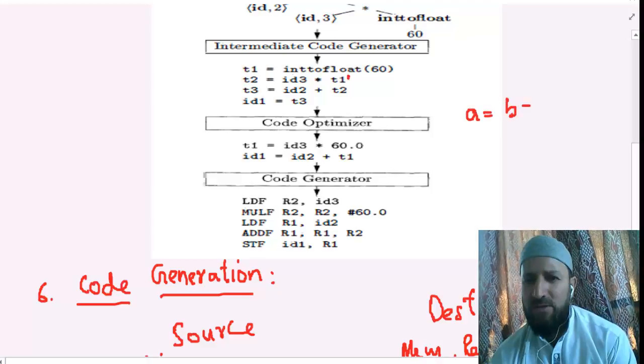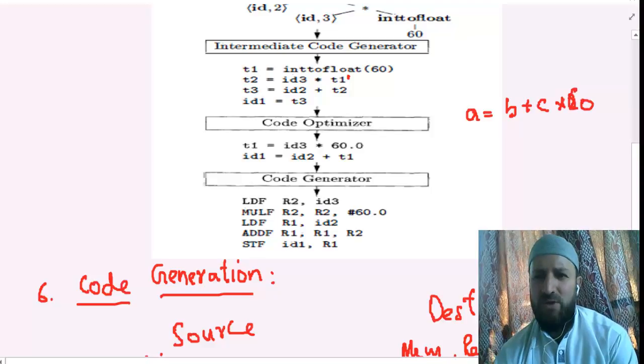Okay, this is the identifier third. We are loading this into the register second. Then we are multiplying again the floating point multiplication because this C is in the register 2 now. Okay, so we have to multiply it with the 60.0, right? So by saying hash, we are saying this is a constant.